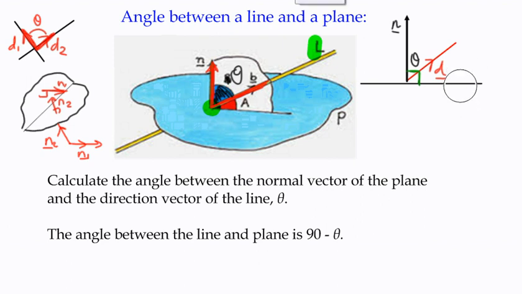So we can work out the angle between the direction vector and the normal vector, but then we have to do one small calculation to get the actual angle that we're looking for, which on this diagram is here. This angle here is 90 degrees minus this angle here. Okay, so we'll do it as an example.